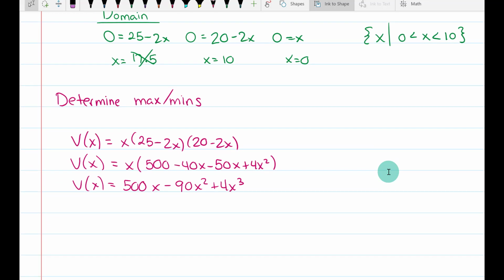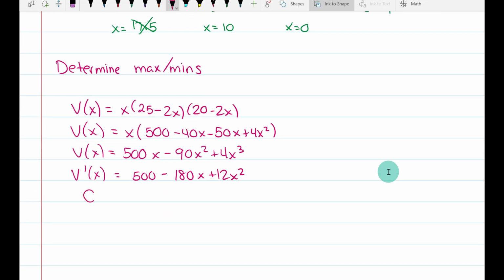Now we need to take the derivative of that, and you get 500 minus 180x plus 12x squared. We're going to simplify that and set it equal to 0. I can factor out a 4, and you get 3x squared minus 45x plus 125. To solve this, we need to use the quadratic formula.